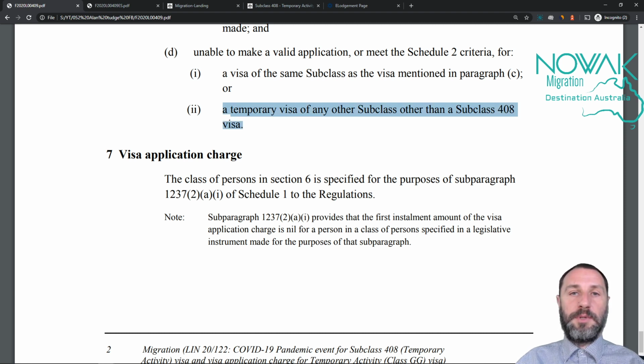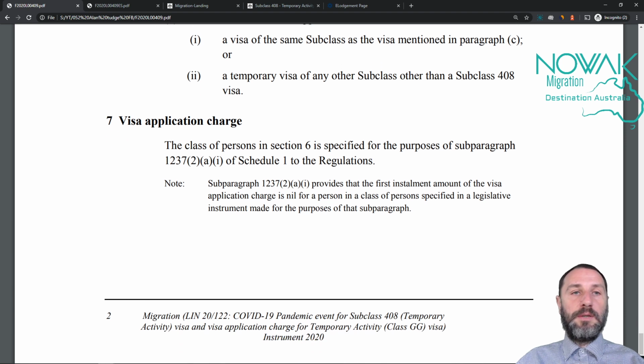You can always apply for the visitor visa, so it's quite ambiguous. So you cannot apply for the same subclass, but you always can apply for the visitor visa. So what's the point over here? I don't know. Visa application charge is nil, so this one is free, all right?